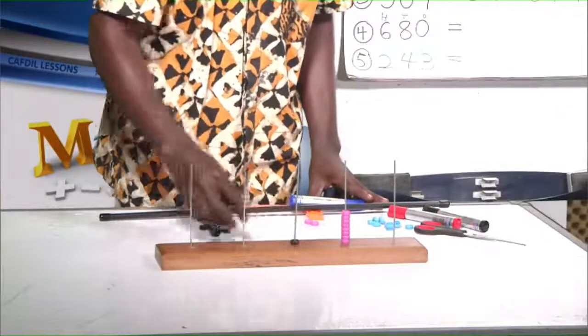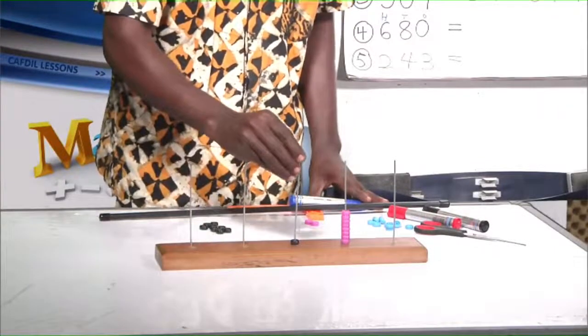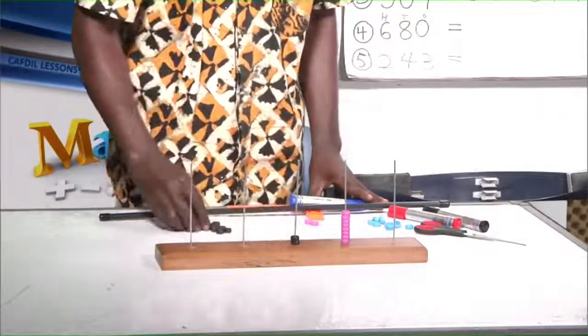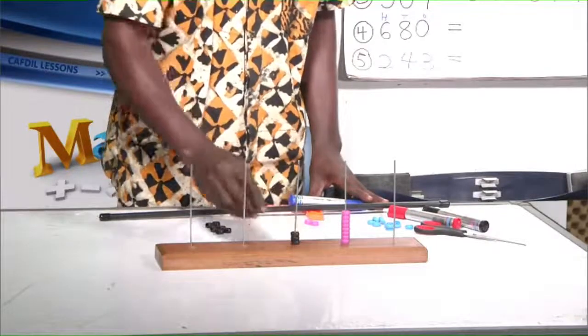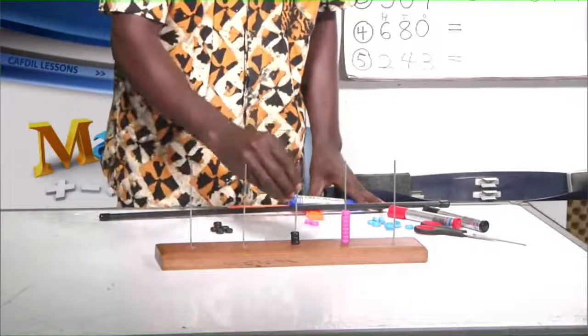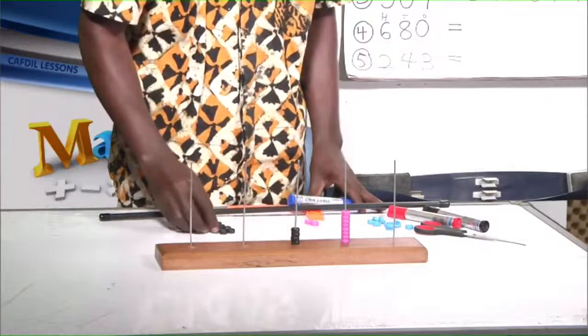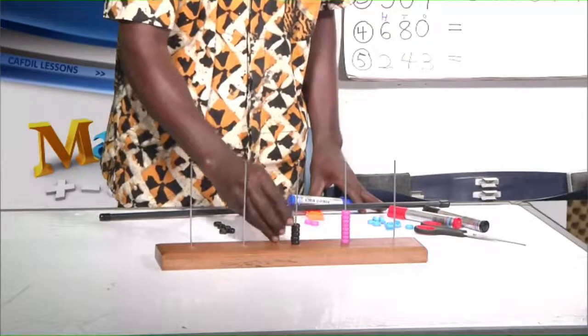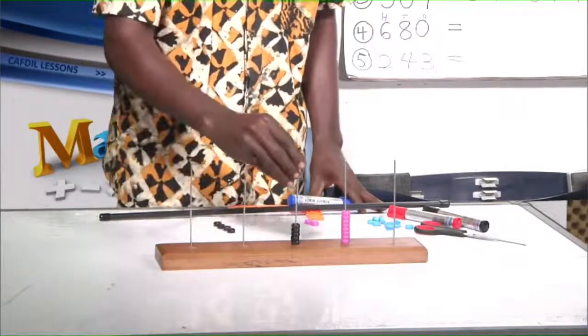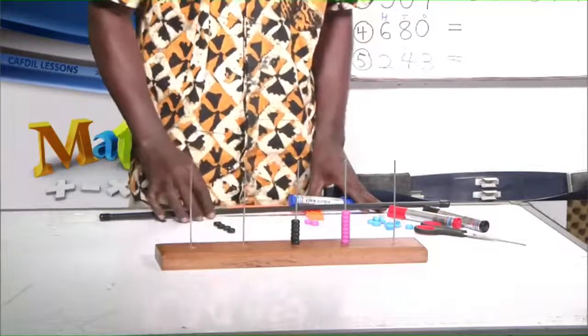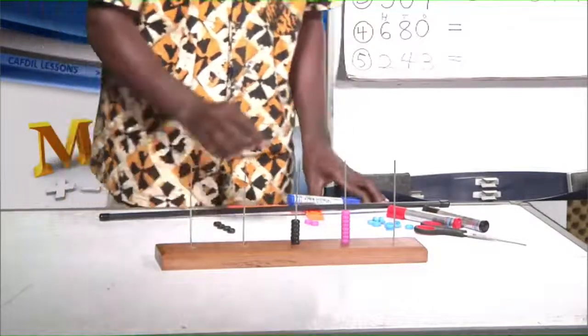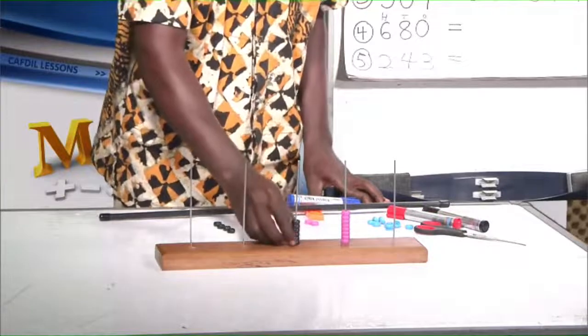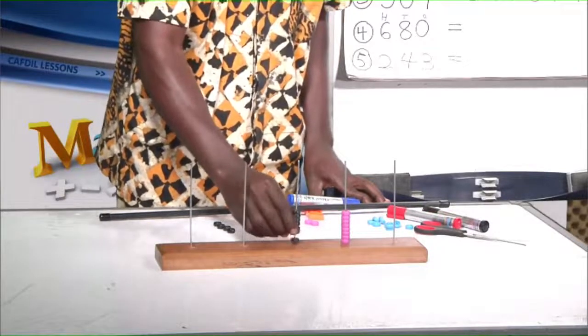1, 2, 3, 4, 5, 6. Remember, each bead under the hundreds column is 100.